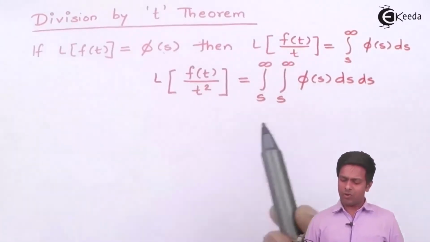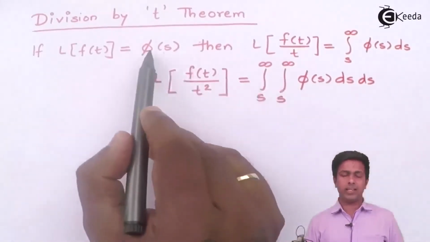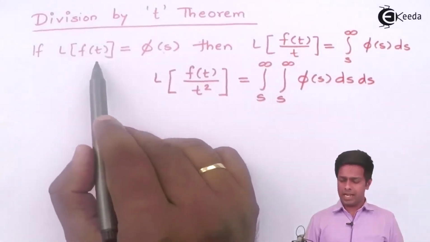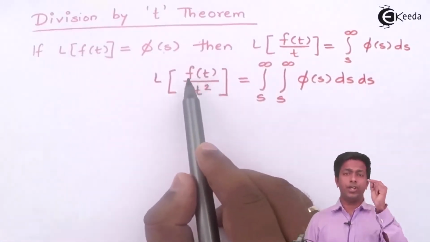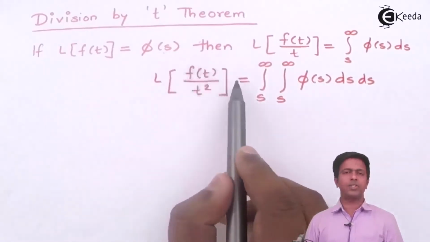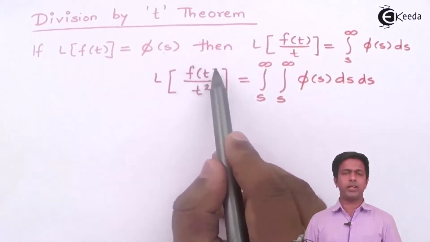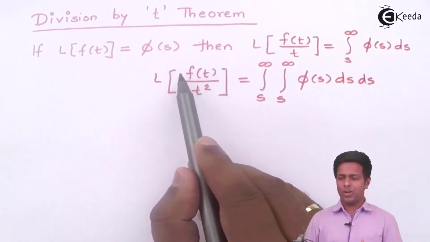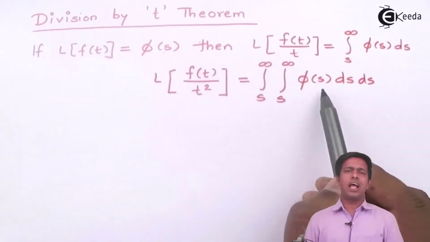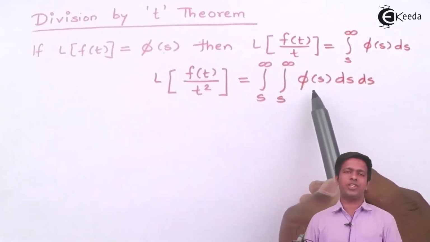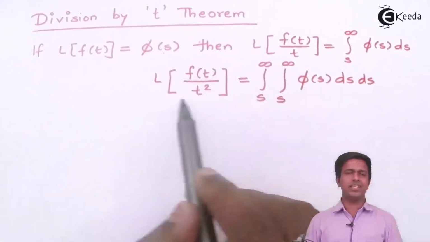Now guys, how to get this phi of s? Phi of s is nothing but Laplace of f of t, and f of t is the numerator of our function. So my first job is to find Laplace of that numerator, call it phi of s, put that phi of s over here and integrate it twice with respect to s, and that will give us the answer.